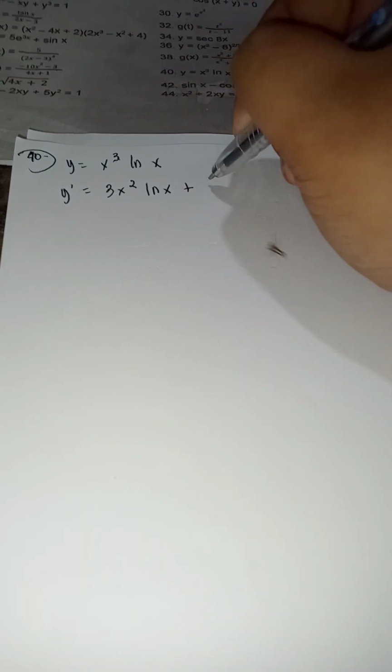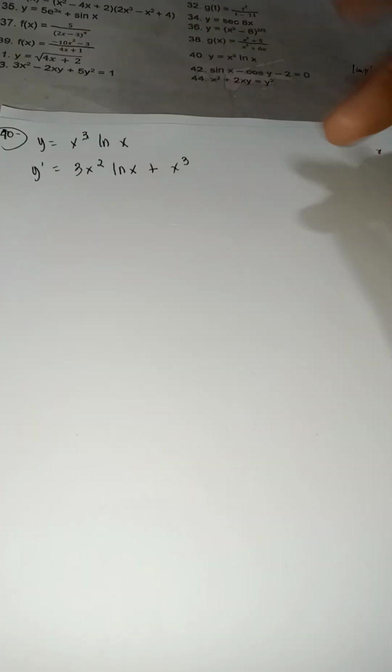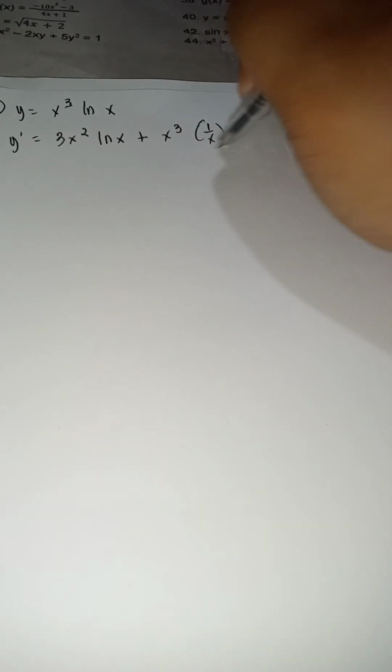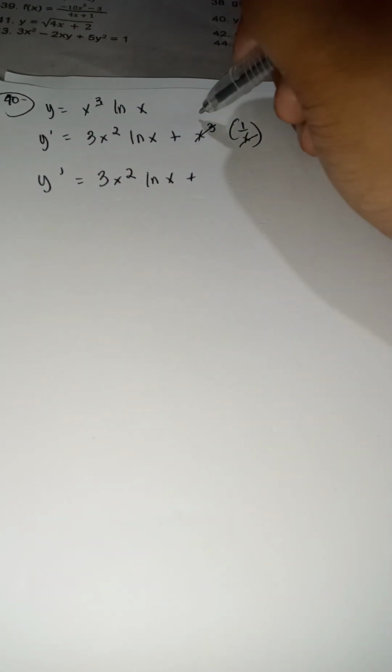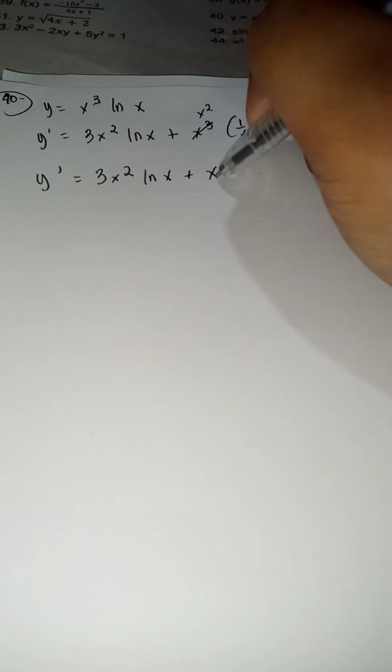So y prime, the derivative of x cubed is 3x squared, copy ln x, plus x cubed, the derivative of ln x is 1 over x. Okay, so y prime is equal to 3x squared ln x plus, cancel this out, it remains x squared. This is our final answer.